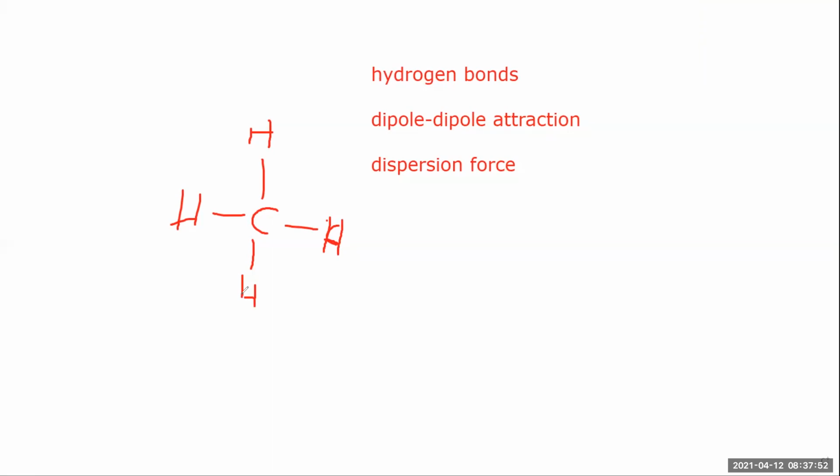Carbon's more electronegative, right? But is it by a lot? I don't think so, no. Okay, so we know that carbon is slightly more electronegative than hydrogen.